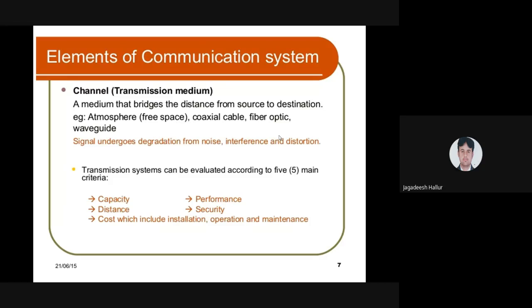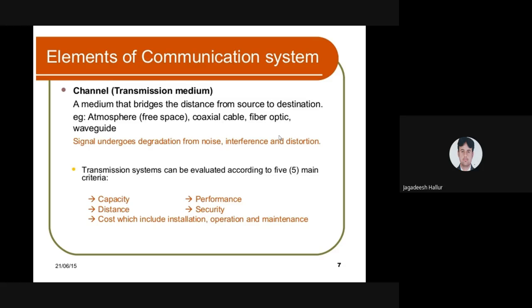If it is wireless, we use electromagnetic waves and radio waves as the carrier, or the atmosphere as free space, for wireless communication. If it is wired communication, we require coaxial cables or fiber optic cables.